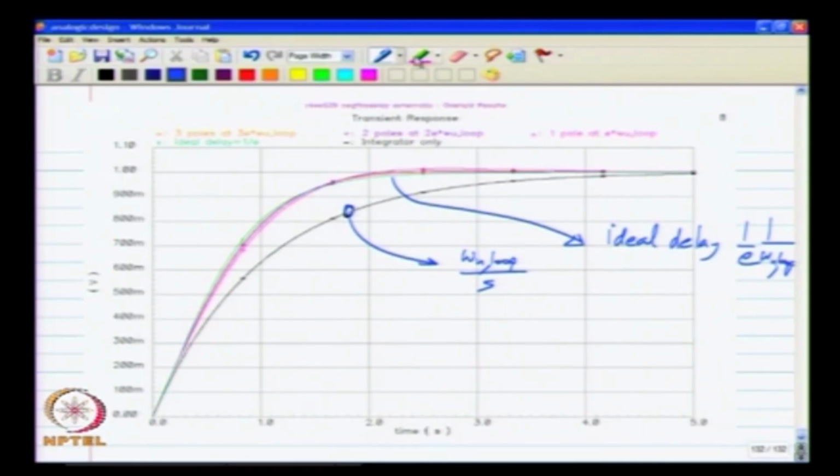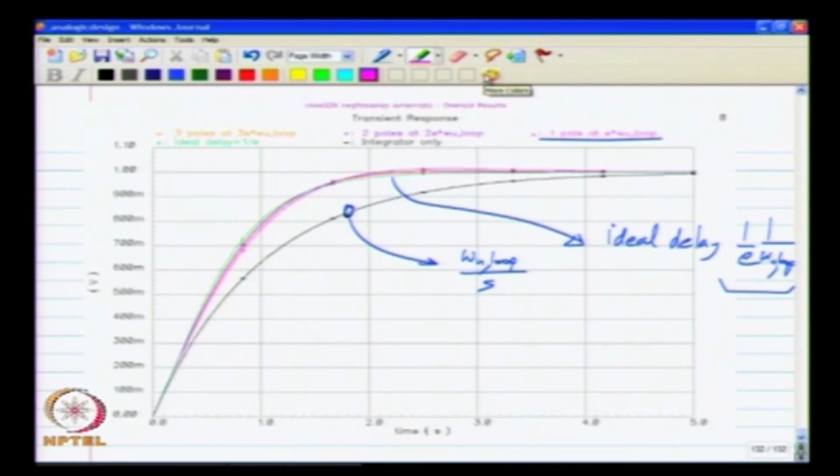Now, what I have done is I have taken one extra pole at E times omega u loop. Roughly speaking, this corresponds to a delay of 1 by E times 1 over omega u loop, the same delay as in this case. And you see that while the response is not exactly the same, it is the pink curve here, it is in the same range.